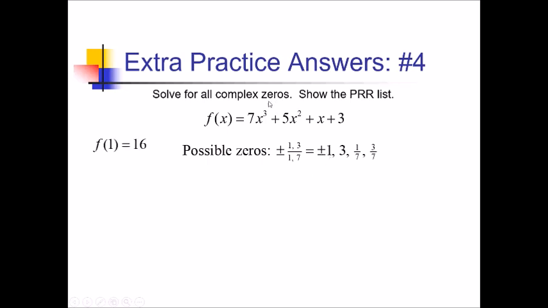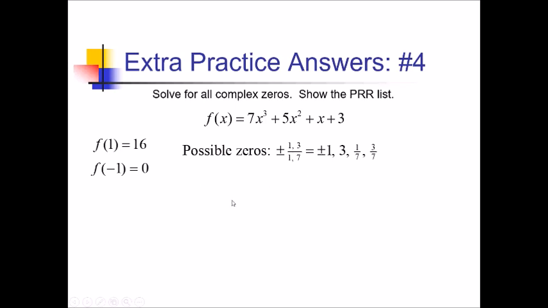Let me plug negative 1 into all of this. So that's going to be negative 7 and positive 5, so that comes out to negative 2. Now we're subtracting a 1, so that's negative 3, plus a 3 gives us 0. I could have used the calculator, but with ones, sometimes it's easier to just do it in your head.